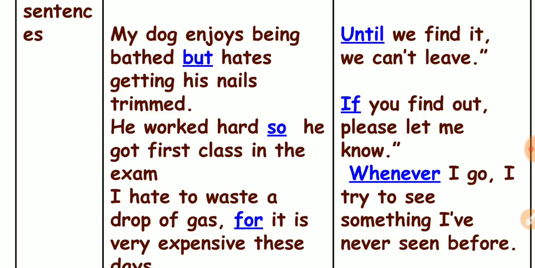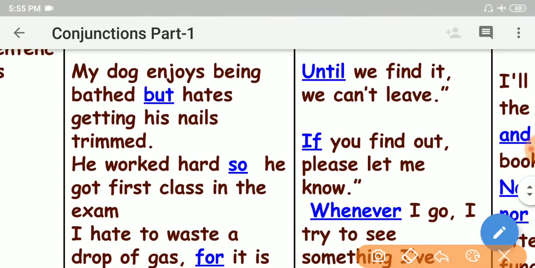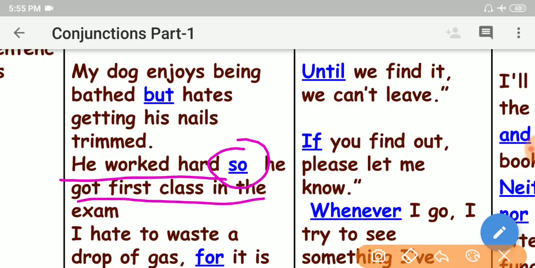Another coordinating conjunction is so. He worked hard, so he got first class in the exam. See here, so is used for result, my dear friends.